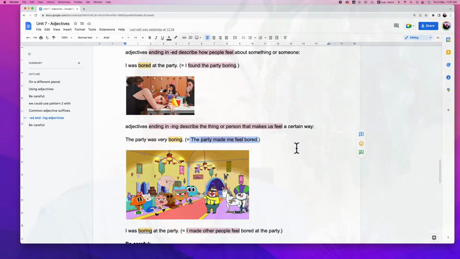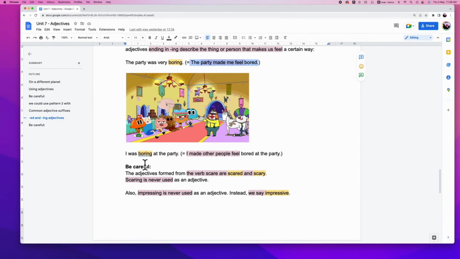Another example, I am frightened. I feel scared. For example, I'm frightening. That means I make other people feel scared. So that is the difference between ed adjectives and ing adjectives. Let's take a look at another example. I was boring at the party.